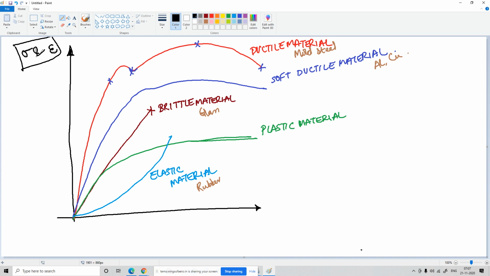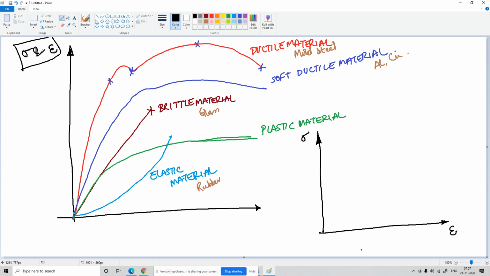Now in comparison to this we can draw one more graph to see the characteristics of different types of material, stress on one axis and strain on the other. I will draw four different graphs.